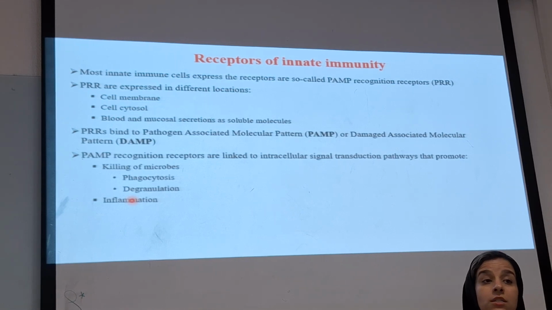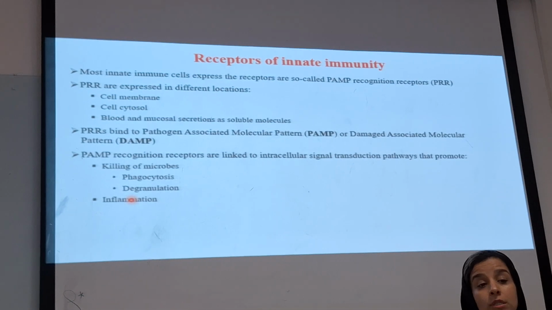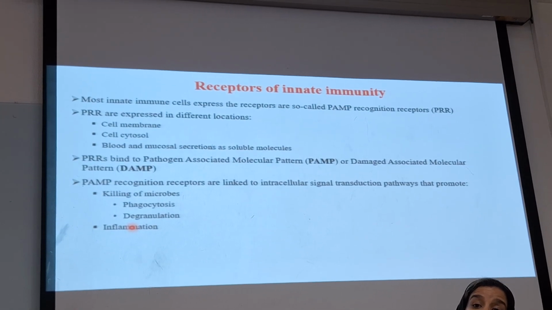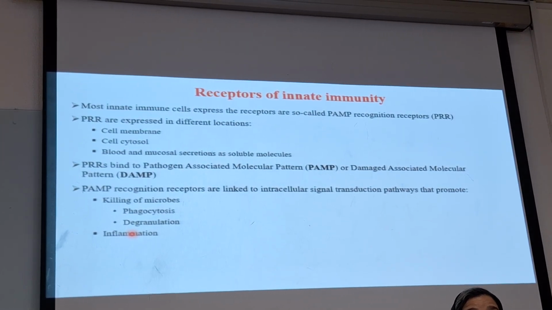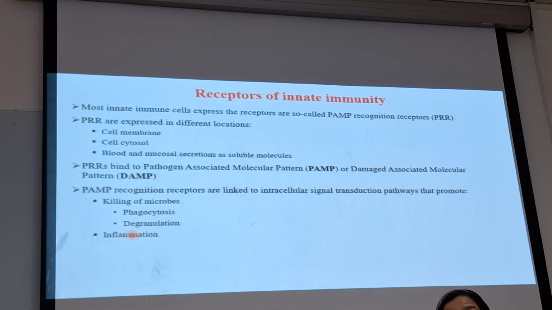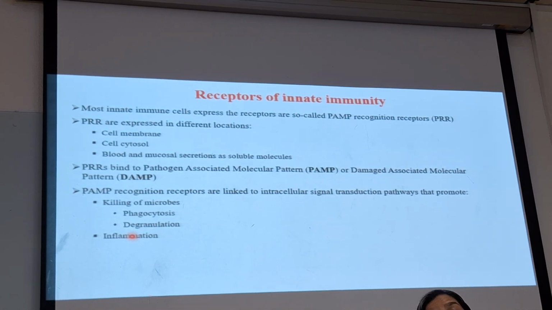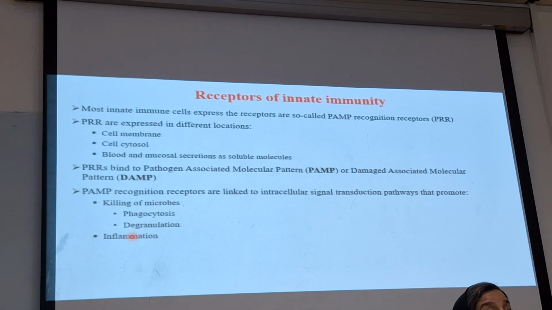Some of these receptors lead to activation of innate immune cells, and these cells, after receiving activating signals, start producing chemokines, and these chemokines lead to recruitment of immune cells, so lead to inflammation.